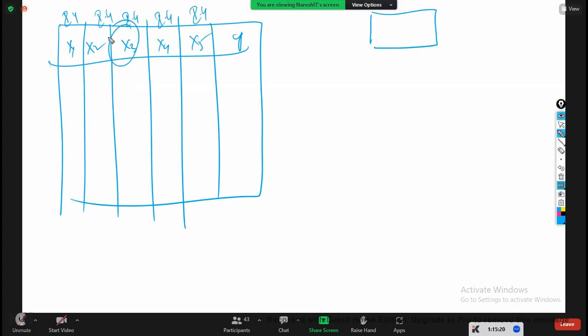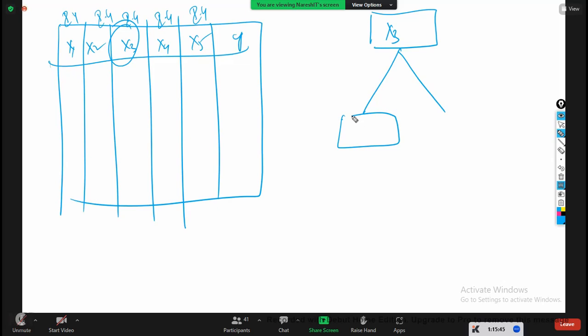Out of these, X3 has the highest, so I selected X3, assume. And I split the entire data into two parts. Now here I have to take one more condition. Which variable do I have to apply this time? Again you are going to calculate the information gain of all the variables. Sir, already calculated now.